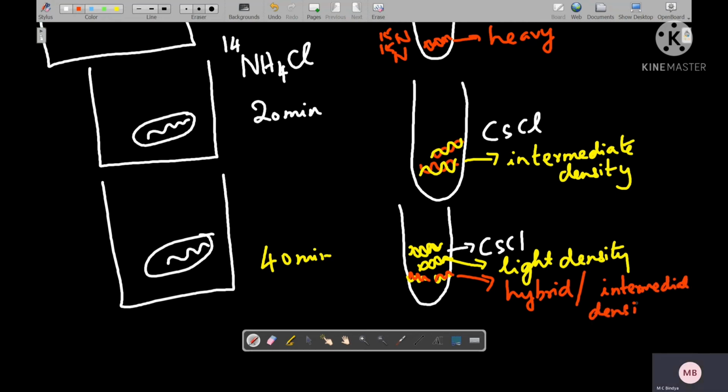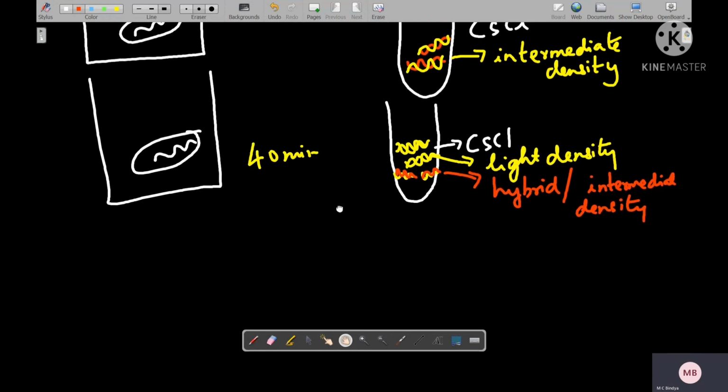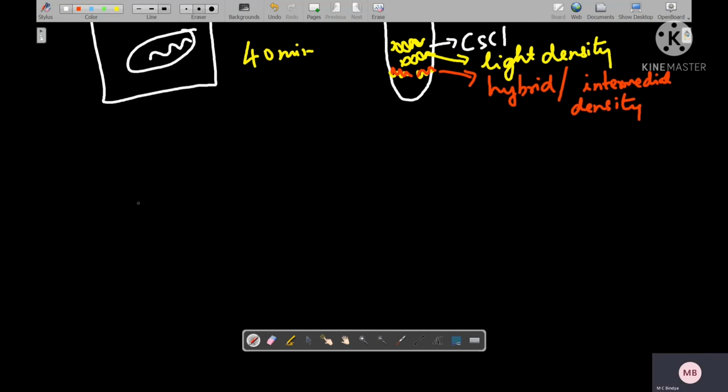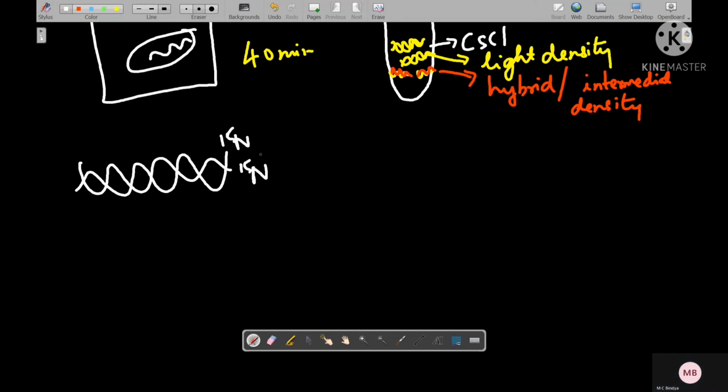Now this can be possible only if the DNA replicates semi-conservatively. If this was the DNA that was grown in N15 medium, then it will be N15, N15. After many generations, the DNA of E. coli will have N15, N15. That means it will be heavy in density.